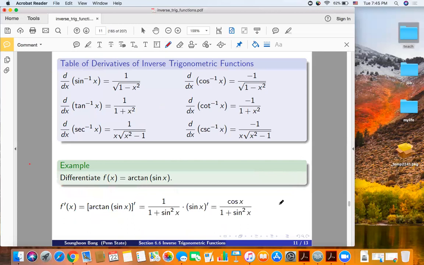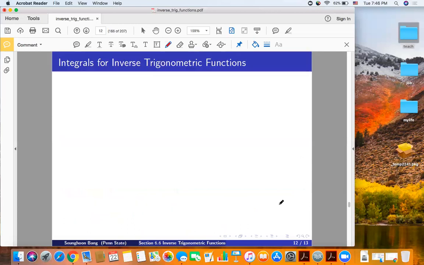The next thing, we think about integrals. An integral is like an antiderivative. The derivative of inverse sine is 1 over square root of 1 minus x squared, so the integral of 1 over square root of 1 minus x squared dx is inverse sine of x plus c.